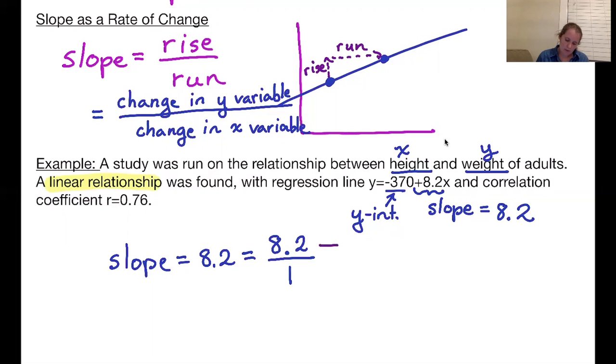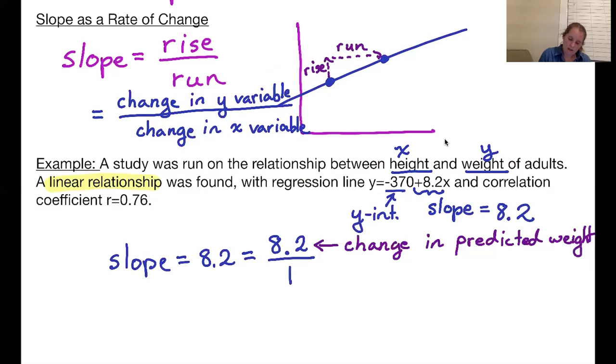So up top, this will be the change in the predicted weight. And down below will be our change in height.